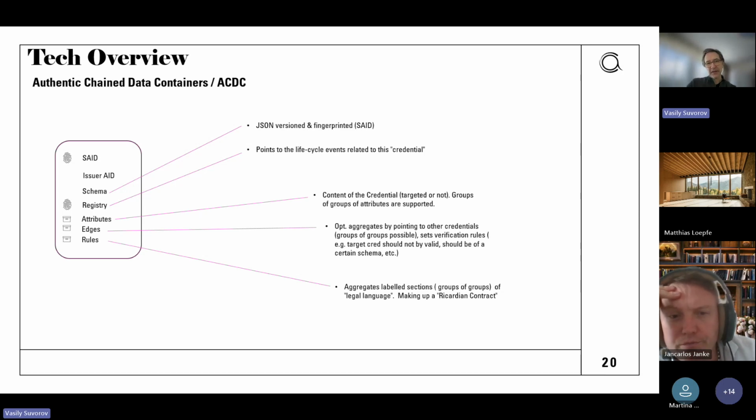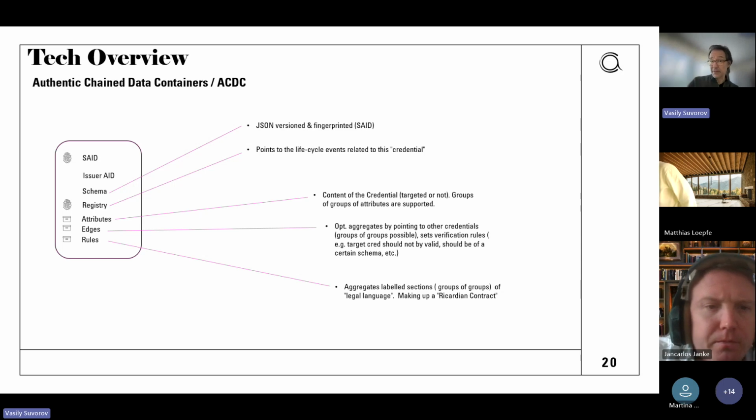Now, the important thing is that the schema here is also fingerprinted. It means that it's also using a SAID. And the reason for that is we don't want to rely on some external providers of schemas, because we don't know what they do with it. If they change the schema or give you an incorrect one, we would not be able to verify the credential, right?